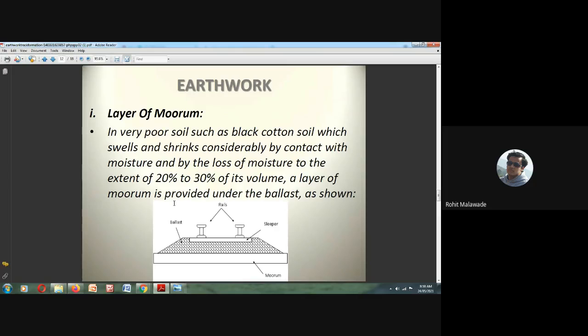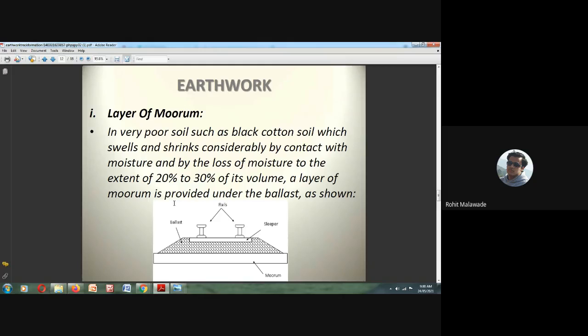Before that, there is one more important thing, the admixture of different soil. If we have some soil which is a bit poor, we should mix some other soils into it. First we will see admixtures of different soil. The desired constituents should be brought from scattered borrow pits. If we get a poor soil with less strength, we add sandy material, which should be mixed with the clay soil.